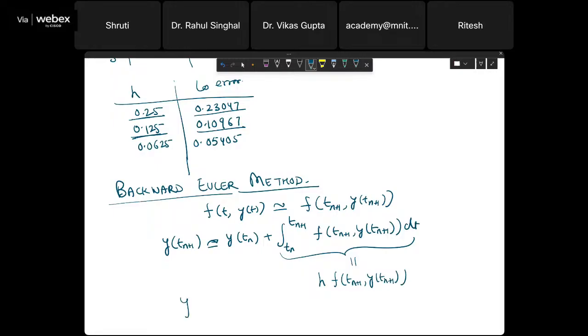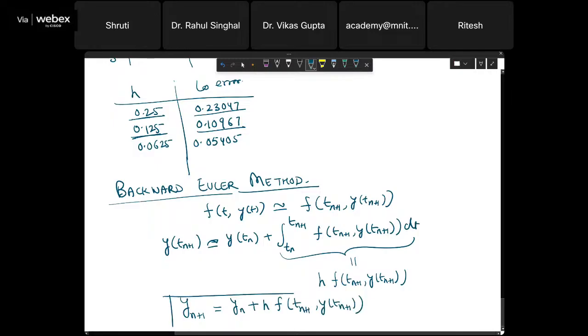So that is the only difference here. As the approximation, you can write it as yn plus 1 equal to yn plus h f of tn plus 1, y of tn plus 1. So that is known as backward Euler.